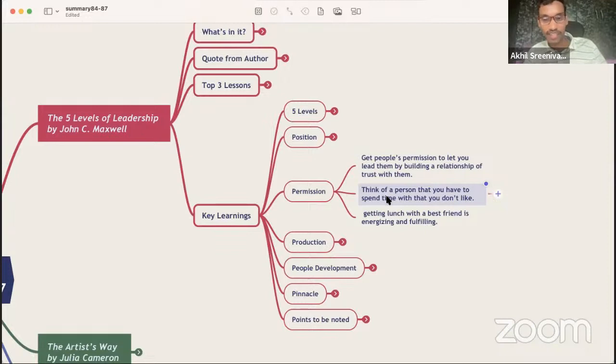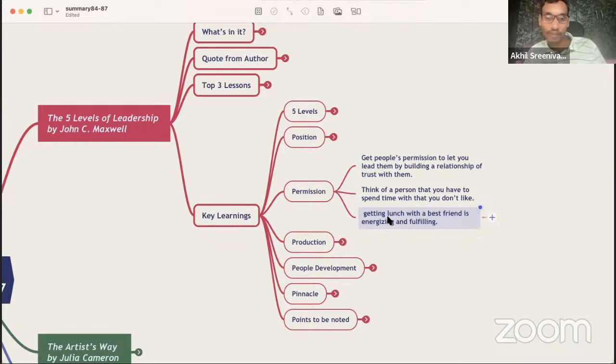Let us take the other side of the coin. Imagine you have a best friend, a close friend of your life, and you are going for lunch with that person. How do you feel? You feel energized, or you feel fulfilled. In the same way, if you want to lead any person, first build trust or rapport with that person.